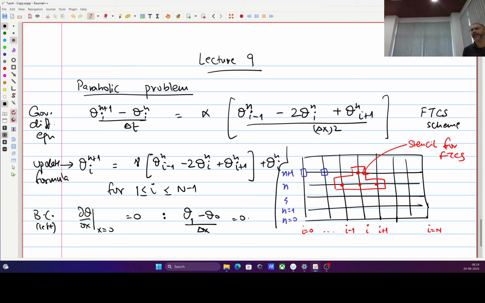But should I apply it for the n plus 1th time or the nth time? N plus 1th time, because nth is already known. This time marching, this time stepping that we are doing, is for the situation where nth values are already known. We are calculating the n plus 1th values here, right? So it makes sense to write this for the n plus 1th time.